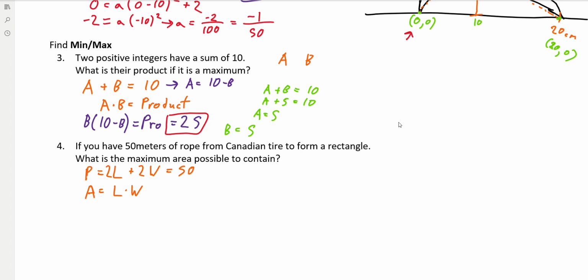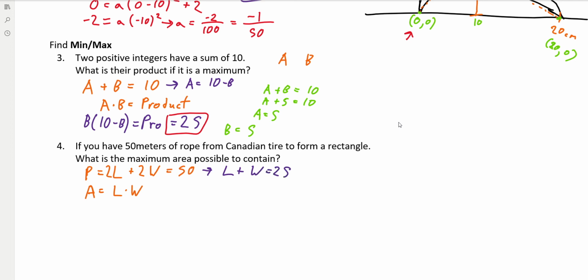So with that in mind, we can now solve for one variable and put it in as an equation. We can simplify this to L plus W equals 25.